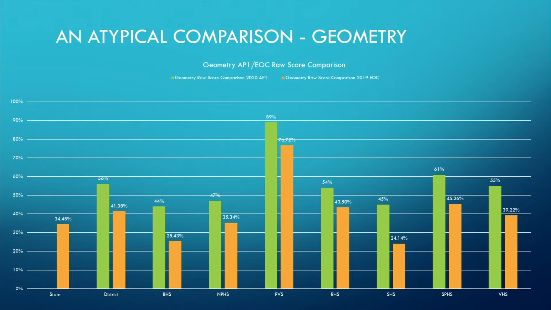So we are seeing what appears to be an increase in how our students are performing. But if you remember, for both of our math courses, they only assess the standards that have been taught to date. So we are not seeing quite a true end of year look.